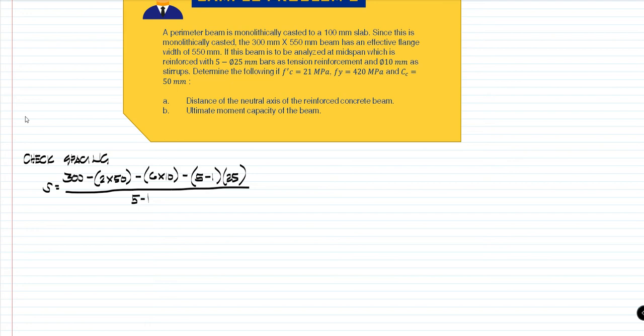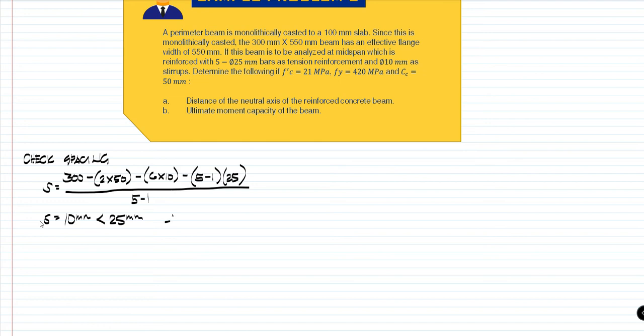So, from this calculation, we have S is equal to 10 mm. So, this is lesser than our 25 mm na minimum clear spacing.